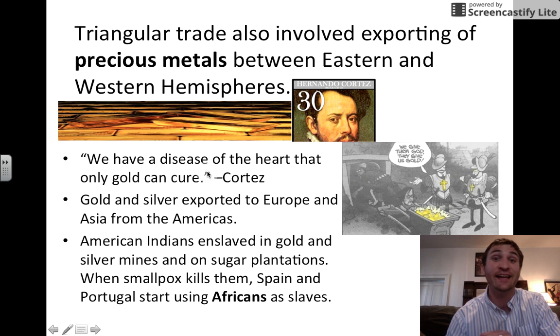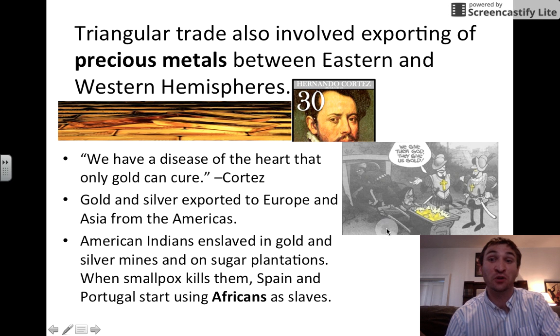This is what he said in his journal: We, the Spanish explorers, have a disease of the heart that only gold can cure. Gold and silver were exported to Europe and Asia from the Americas. And these explorers justified enslaving American Indians in gold and silver mines and on sugar plantations.